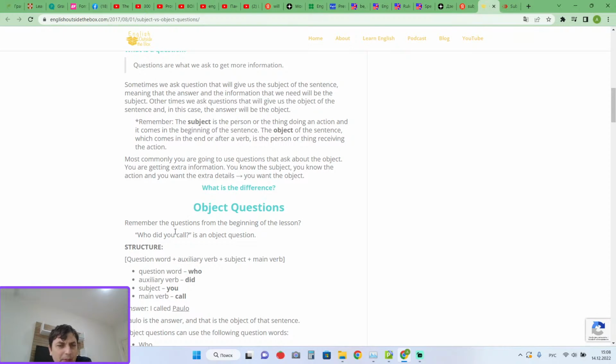Object questions. Remember, most commonly, you are going to use questions that ask about the object. The object of the sentence, which comes in the end or after a verb, is the person or thing receiving the action.